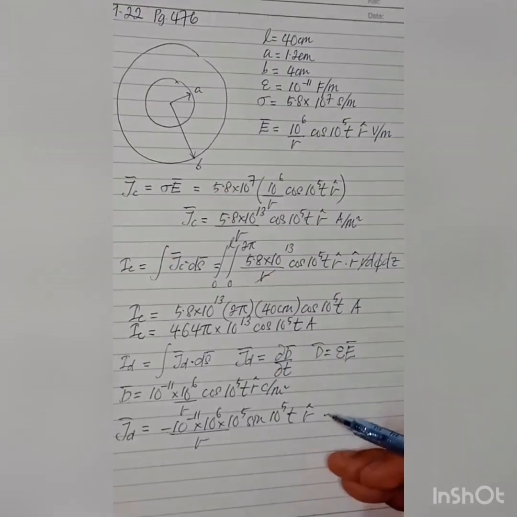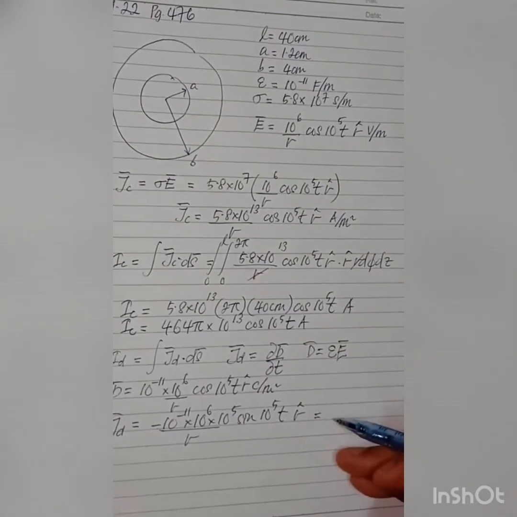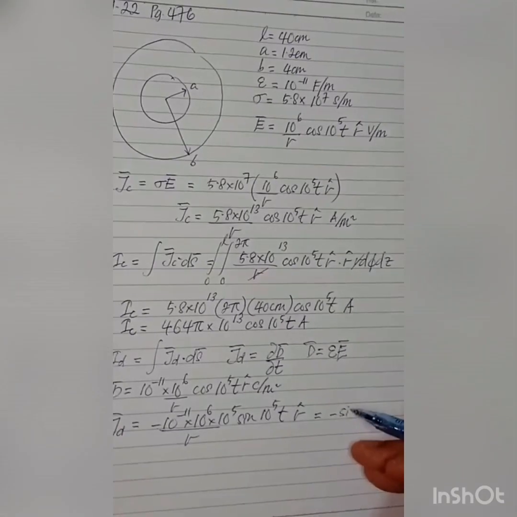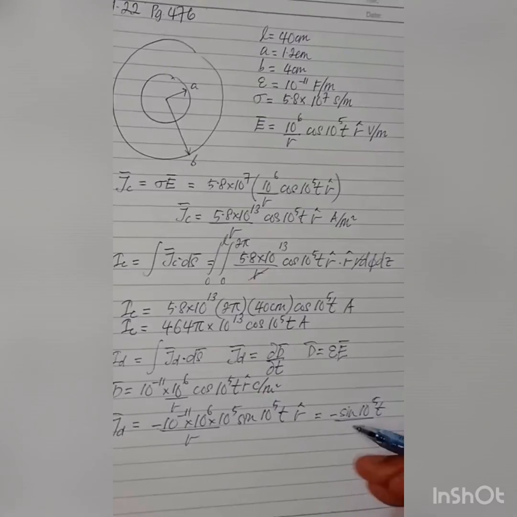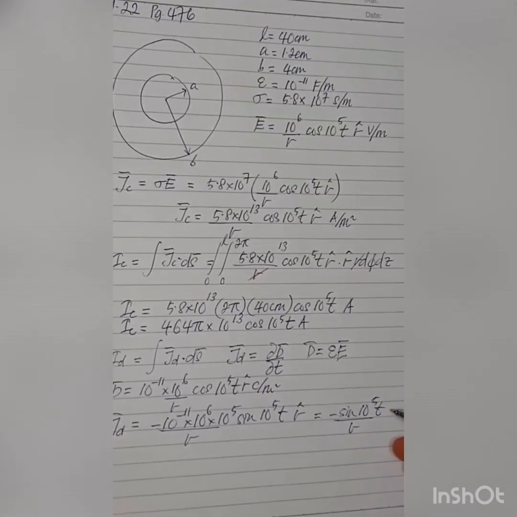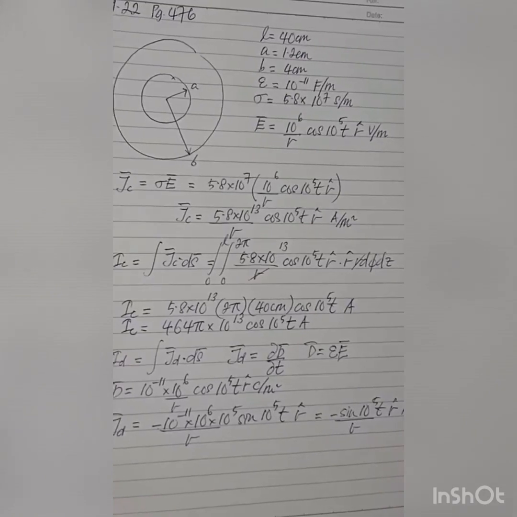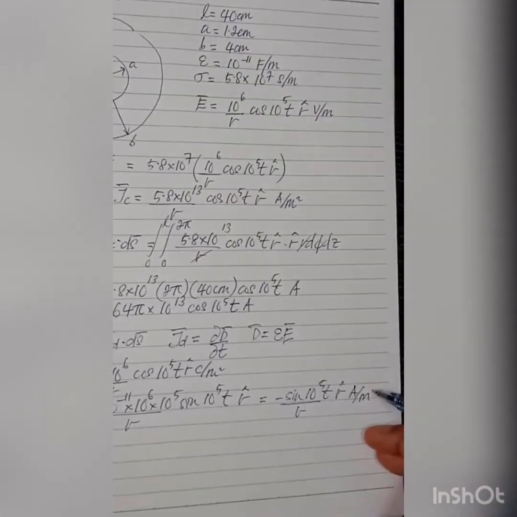Okay guys, you're gonna have finally your JD equal to negative sine 10 power of 5 t over r in r component, again unit of ampere per meter squared.